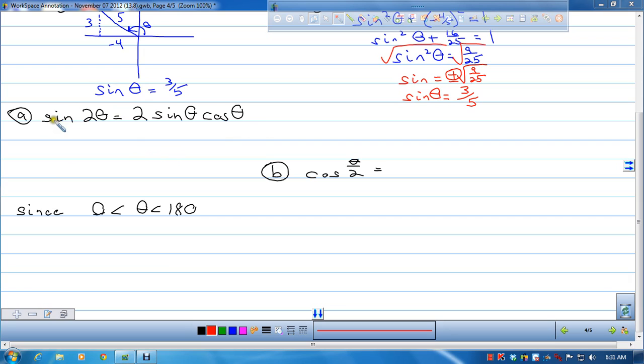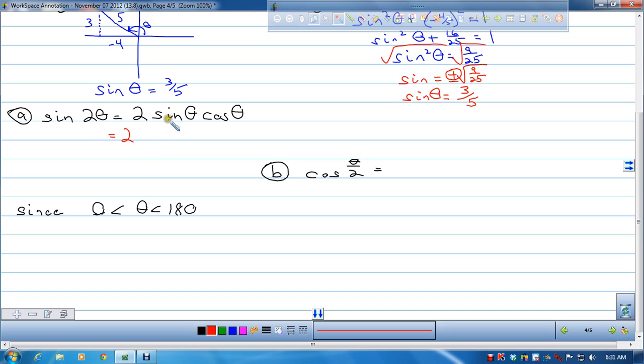Since we've got 2 theta, here's our pattern, right? In order to find the double angle, I need to know the single angles, and that's what I found up here. So just plugging values in.